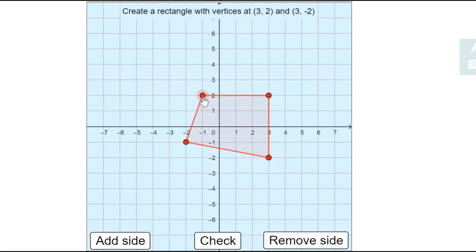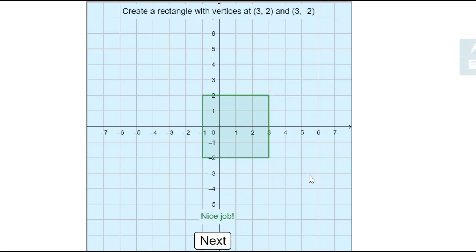How about right here? So it's also at the y-coordinate of 2, and so I need the distance between these 2 points here to be the same as these two here. Remember, these ones had 4. So I move this one up here. I'm going down 1, 2, 3, 4. Let's see if we're right. We did it! Nice job.